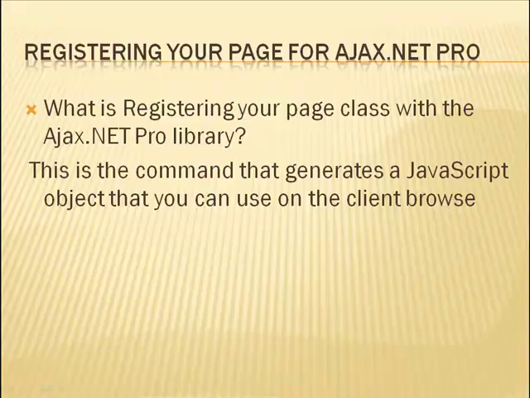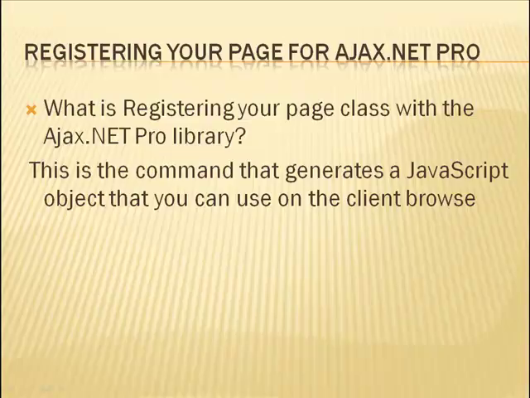Now we are going to learn what registering a page class with the Ajax.NET Pro library is and how we can do it. Registering a page class with the Ajax.NET Pro library is the command that generates a JavaScript object that you can use on the client browser. This process is very simple and is done with just one line of code.